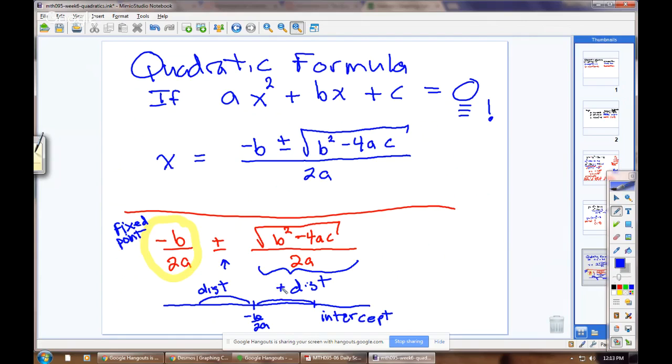So we got plus the distance on one side and minus the distance on the other side, and that gives us our other intercept. And remember, in the second section of this course we looked at that idea. If I know the x-intercepts and I find the number in the middle, that's always where the vertex lives. So the negative b over 2a always helps me find the x value of the vertex.